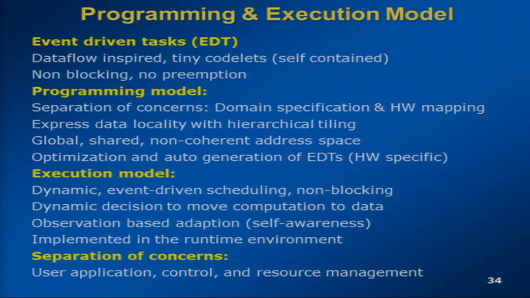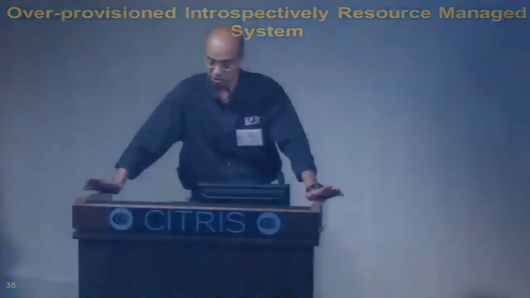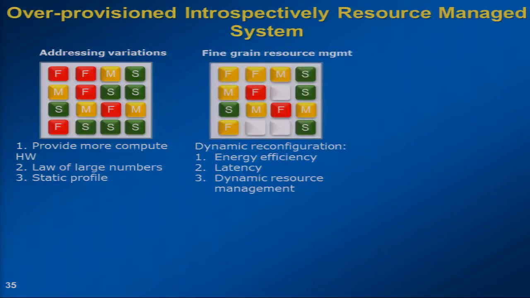with dynamic event-driven scheduling. But really, the vision that I see is you have an over-provisioned system, and the system software introspectively does the resource management, such as you've got lots of cores, and there are lots of cores with variations. If you are going to run this near the threshold voltage, the variations are going to increase by an order of magnitude. So the software needs to go and decide what thread you're going to run where.